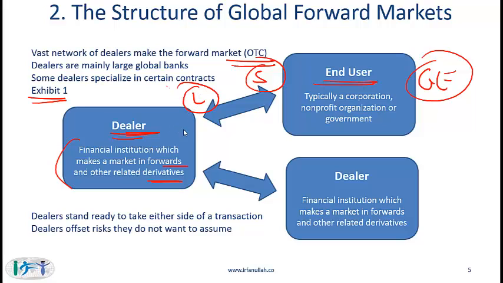But if the dealer wants to hedge this long position, it might get into a contract with another dealer where this original dealer, Merrill Lynch, might take a short position, and then this particular dealer takes a long position. So in my example, what dealer 1 has effectively done is offset the risk. And in this particular scenario, dealer 1 did not want to assume that risk. If dealer 1 is fine with that particular kind of risk, then it will not offset.